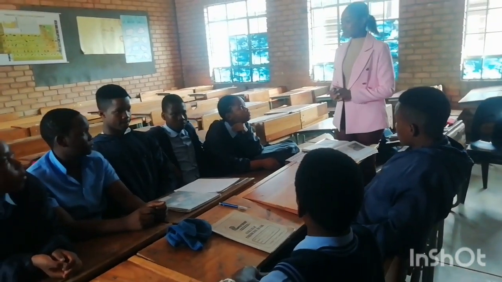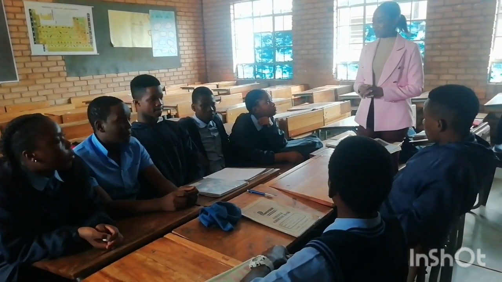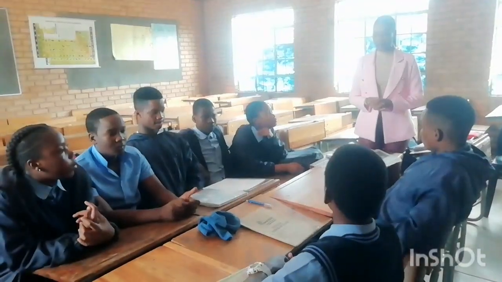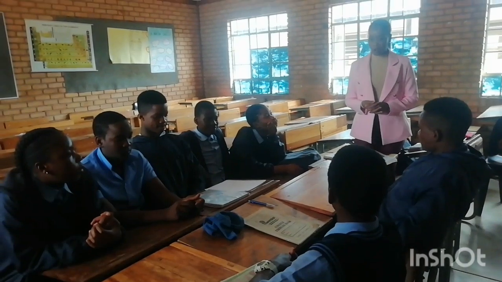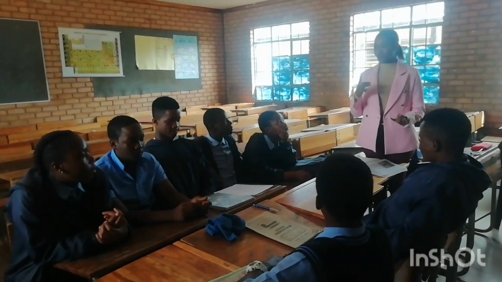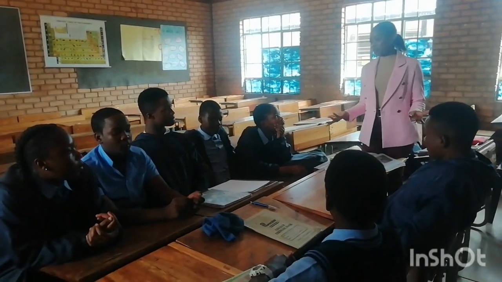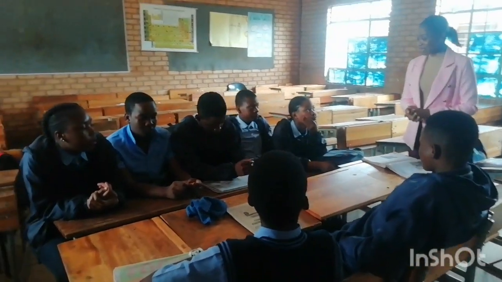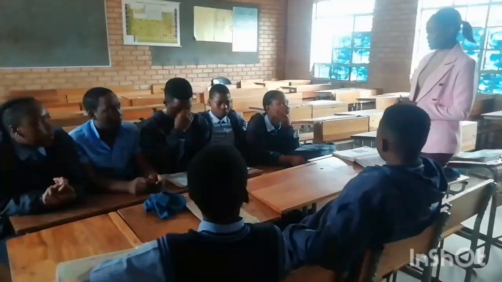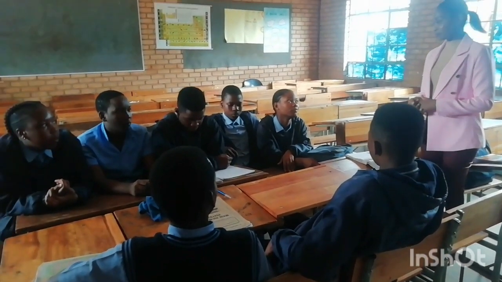I would want to ask you questions. I believe that you have learned a lot from the video, and also from your discussion, because you watched the video and did your discussions. So, tell me what you have learned in your discussion.